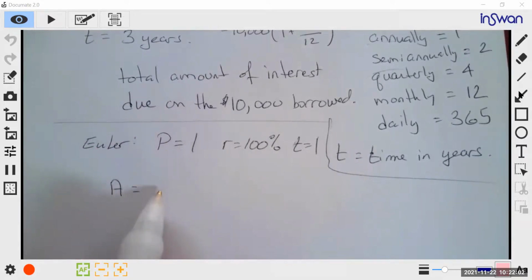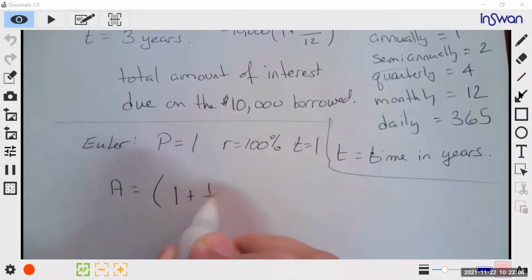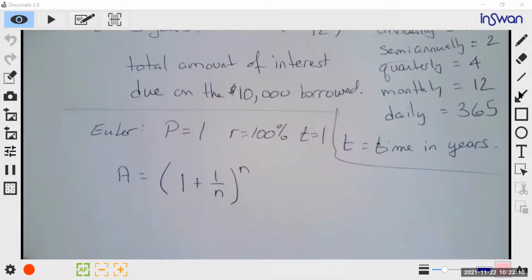In other words, P is 1, so there's nothing in front. 1 plus 1 over n, to the power n. What he noticed was this.